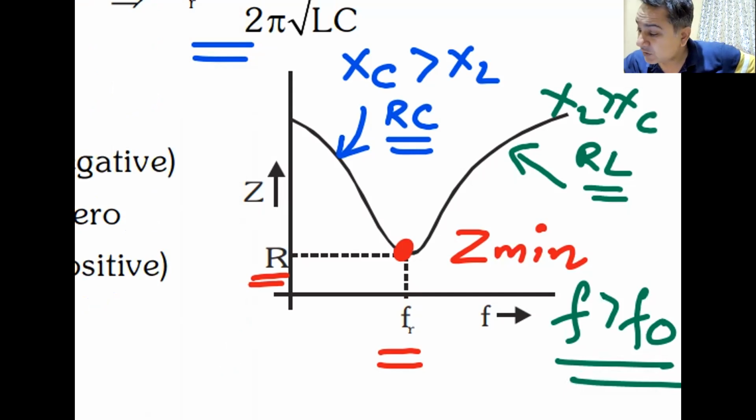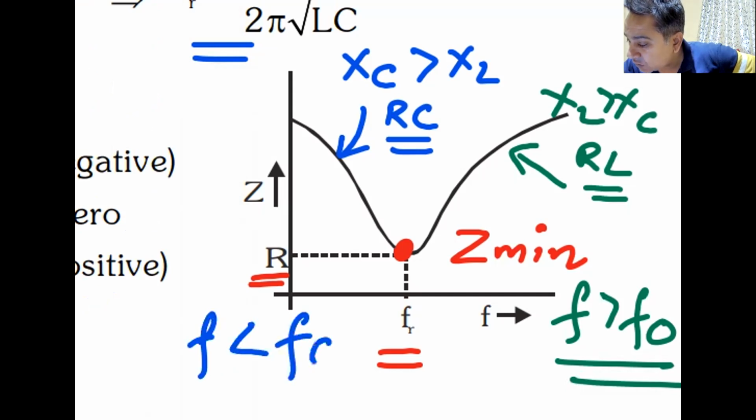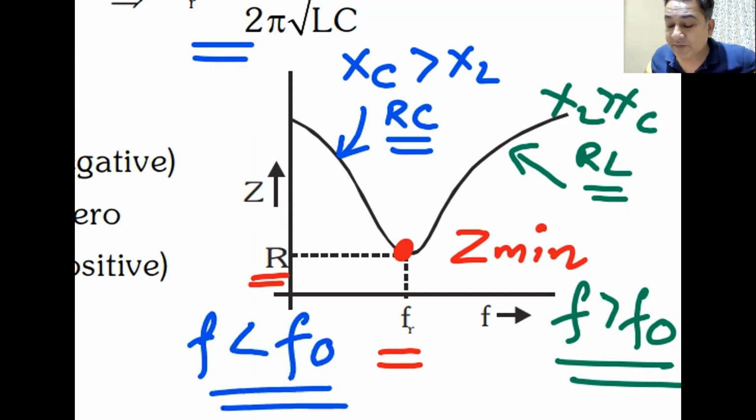On the left hand side, my frequency F is less than F naught. If frequency F is less than F naught, it behaves as an RC circuit. If frequency F is more than F naught, it behaves as an LR circuit. I'll give you a minute. I hope you have understood this.